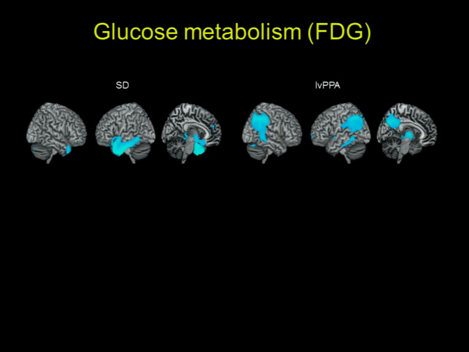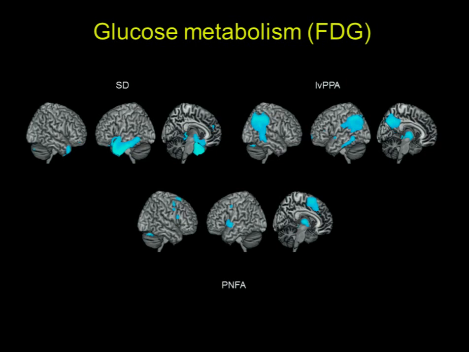In the logopenic cases, much further back, in a pattern that looks much more like we'd expect in typical Alzheimer's disease. And the progressive aphasic cases is sort of somewhere in between.